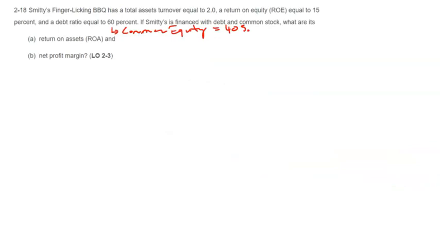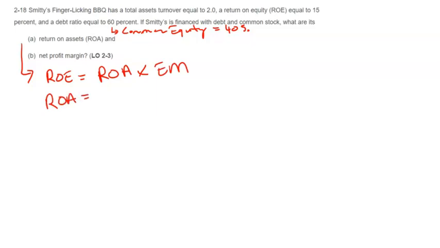ROE is equal to ROA times the equity multiplier. So we rearrange the equation where ROA, return on assets, is equal to ROE divided by the equity multiplier. So from over here, our equity multiplier is 1 divided by common equity, which is 0.4 or 40%.